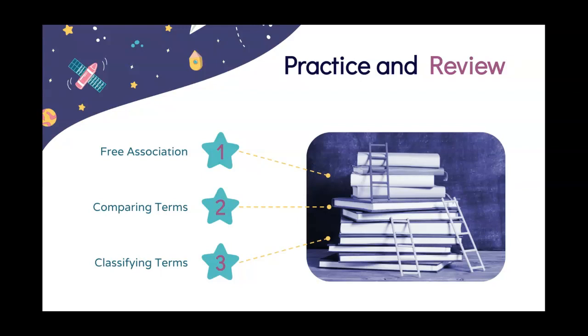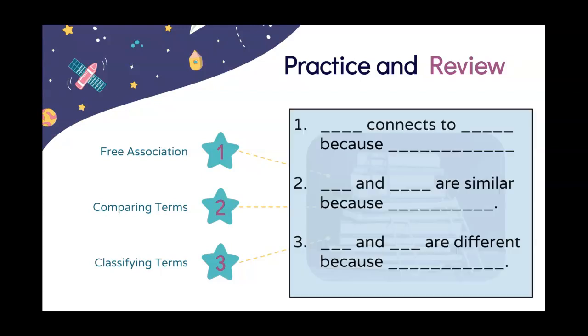Another thing you can do is have students compare terms. So like using sentence frames or stems, Venn diagrams, students can compare and contrast two or more vocabulary terms that are related or somewhat related. So like the first one, this is I borrowed from a graphic organizer I used to have in my classroom. It was like blank connects to blank because.